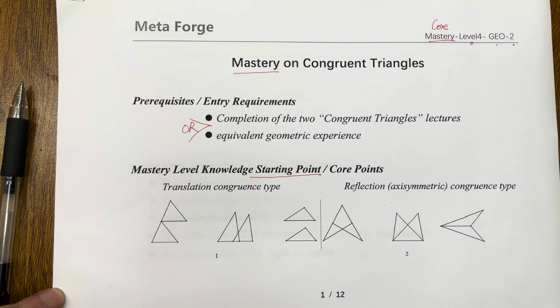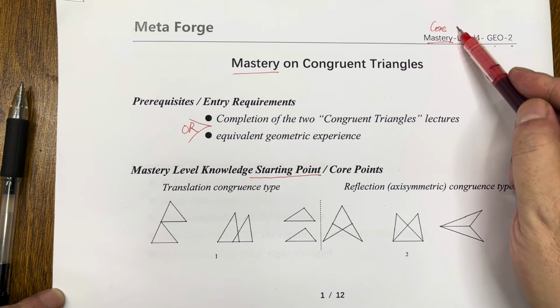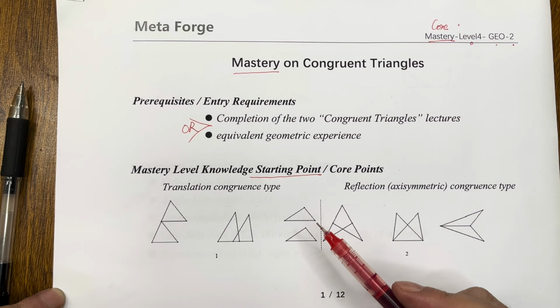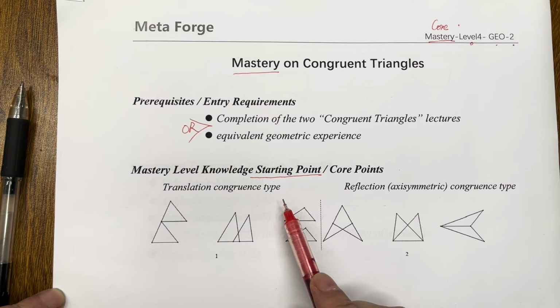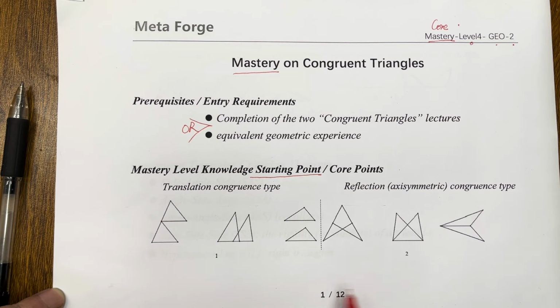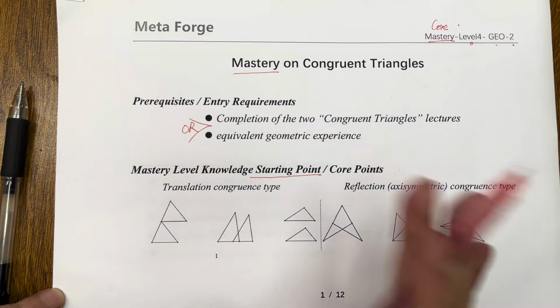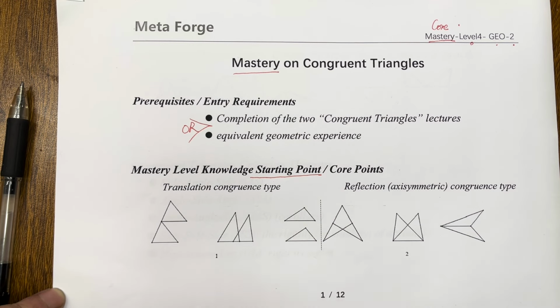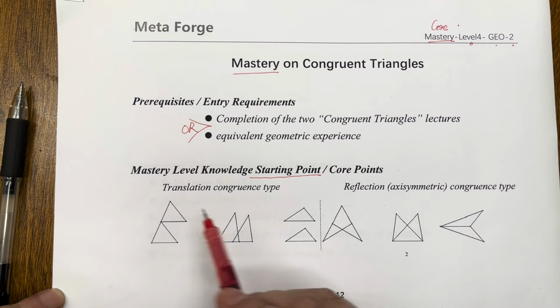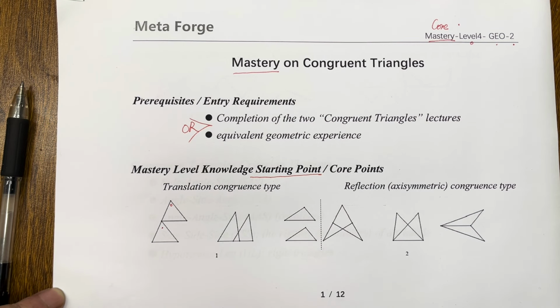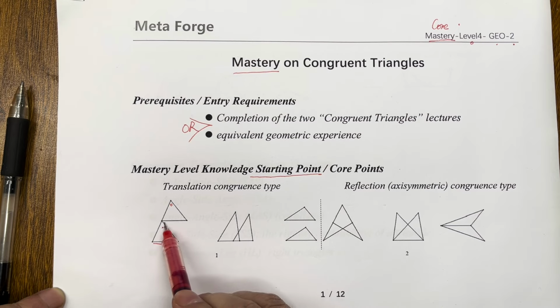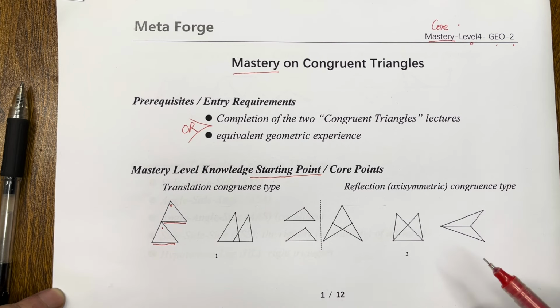In the 2 core level congruent triangle lectures, we introduced the main types for discovering congruent triangles in geometry figures, with the goal of transmission of key geometric relationships among the angles, segment lengths, etc. Okay.